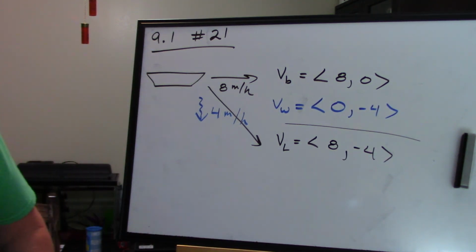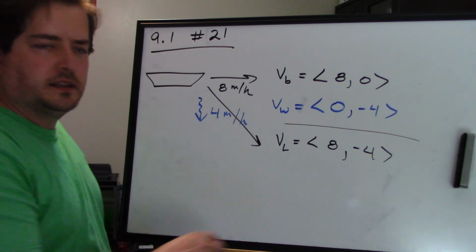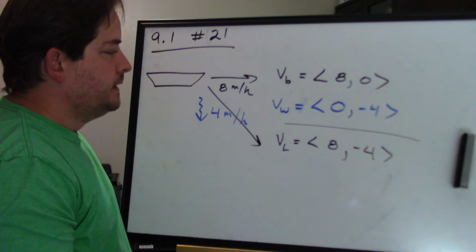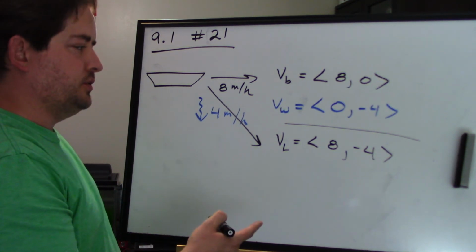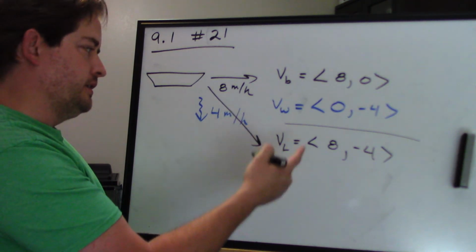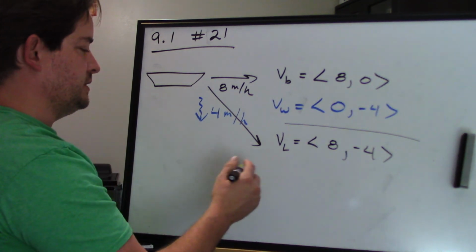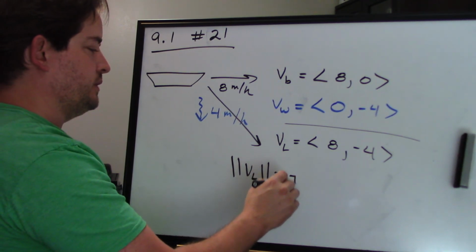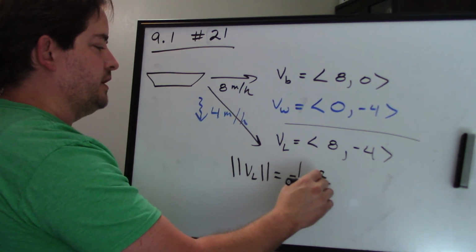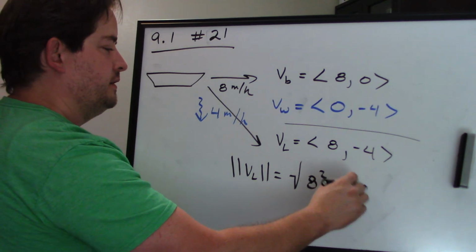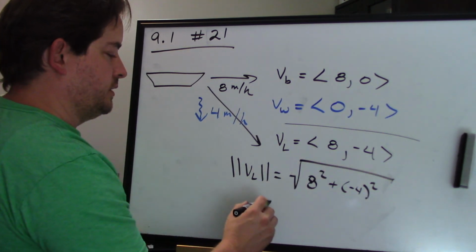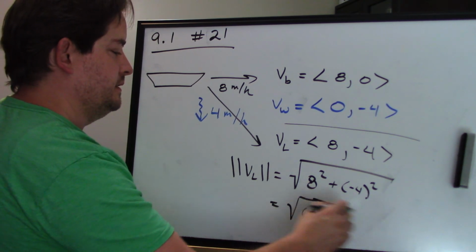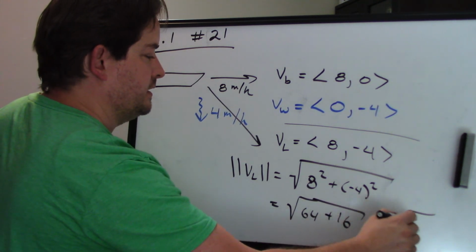That's actually the second thing the question asks you for, the velocity of the boat relative to the land. The first thing they ask for is the magnitude of the boat's velocity relative to land, and I need this to do that. It's simply the magnitude of the velocity relative to land, which is the square root of 8 squared plus -4 squared, or the square root of 64 plus 16, which is the square root of 80.